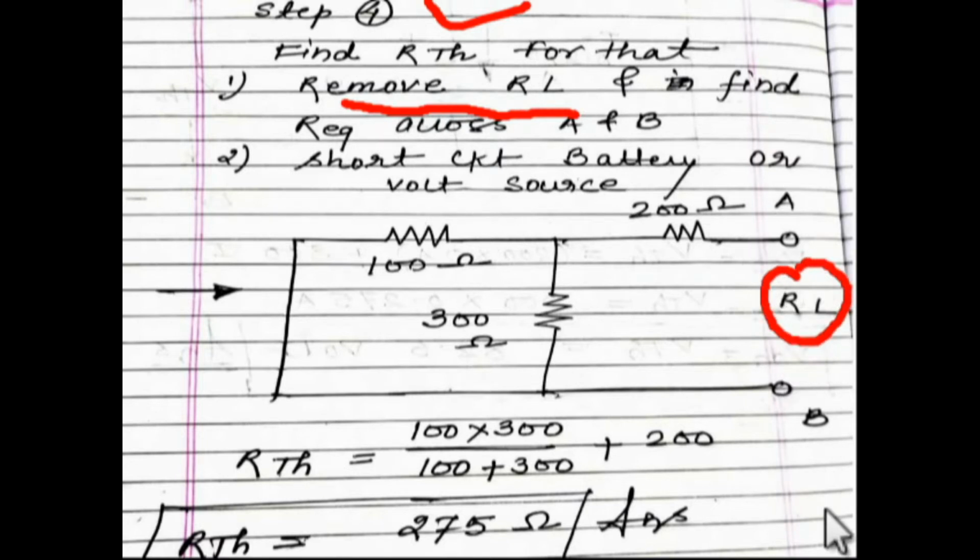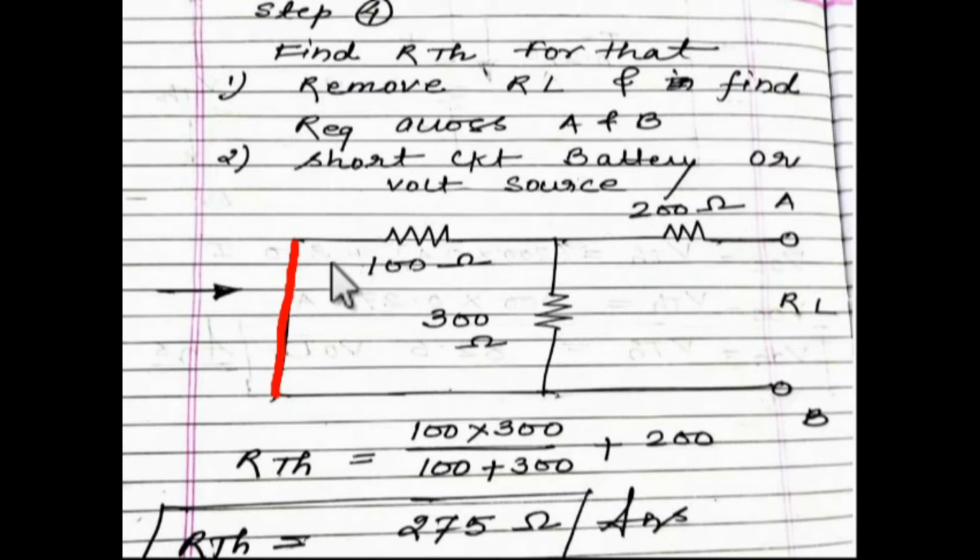So remove RL from this terminal, and then short circuit the battery, or voltage source, because the ideal battery's internal resistance is considered 0 ohm, so we are placing a short circuit here. As you can see here, we are placing a short circuit.